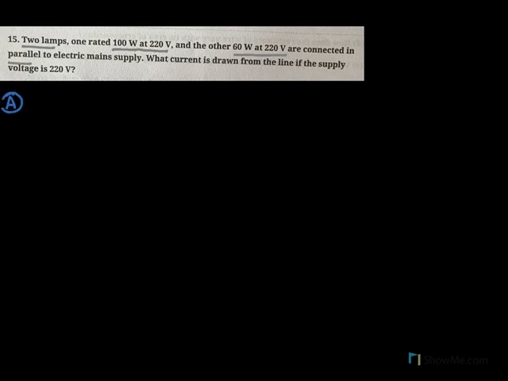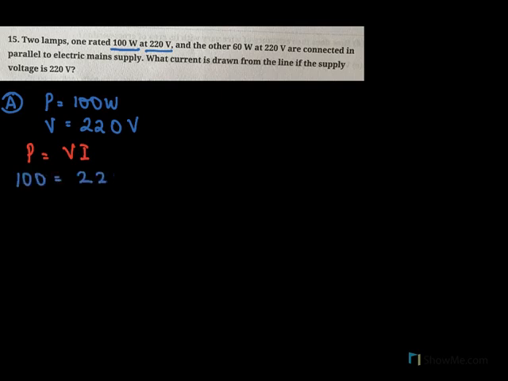So I have a bulb A, and this bulb A has a power of 100 watts and it has a voltage of 220 volts, and we know the formula P equal to VI, so we can find the I. Power 100, voltage 220 into I, so the I passing through bulb A will be 100 over 220, and I'll just keep it 10 over 22, or you can keep 5 over 11, that is current passing through bulb A.